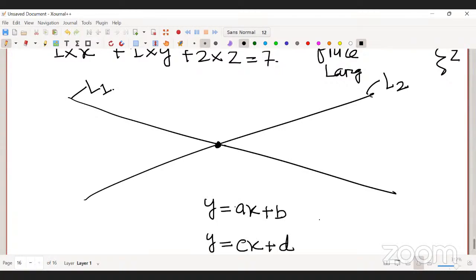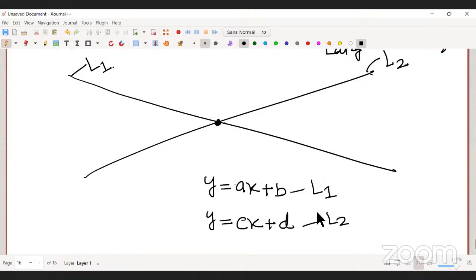If these two lines intersect at a point alpha comma beta, then this alpha comma beta will lie in L1 as well as in L2, right? So that is what it's saying.